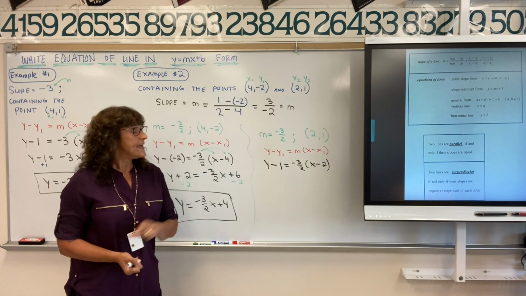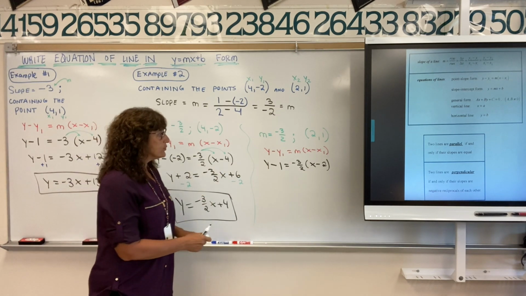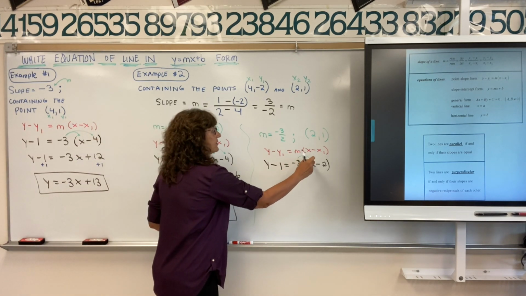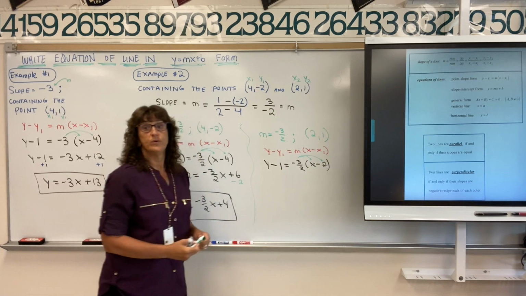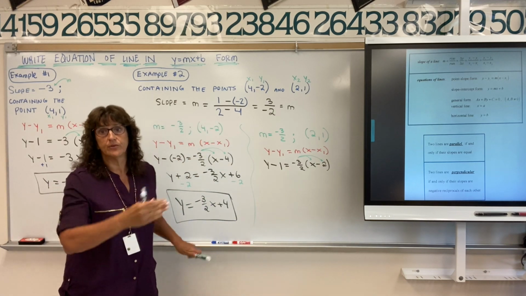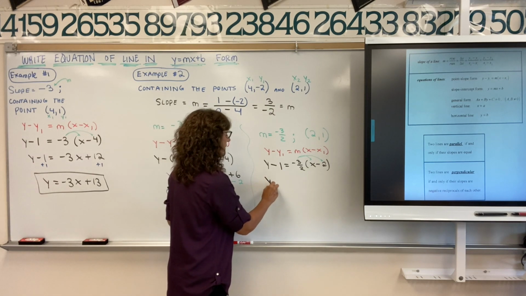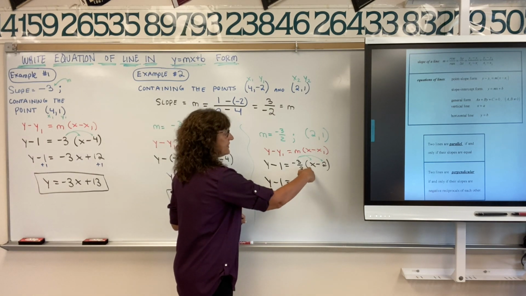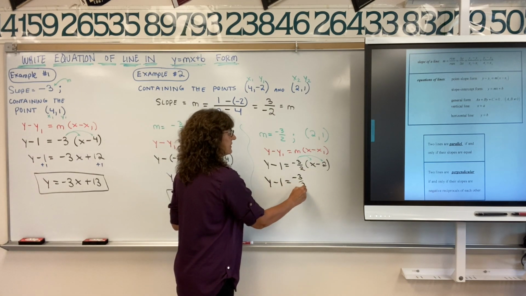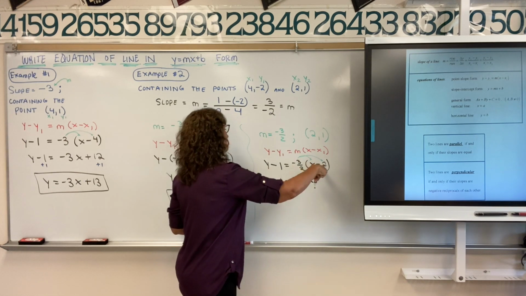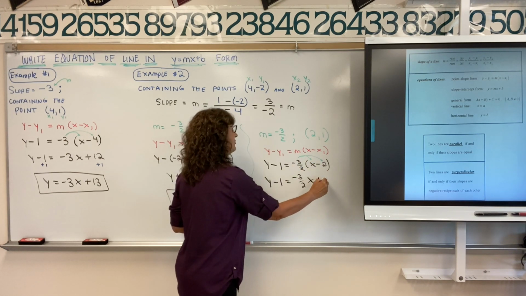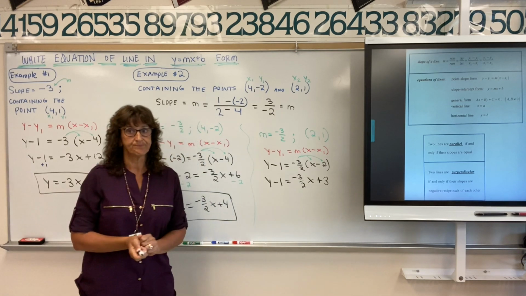Then let's write y equals. The algebraic steps are to remove grouping symbols, so distribute your slope. You have y minus 1 on the left equals negative 3/2 times x, and a negative times negative is positive, 2's cancel, so we're here.